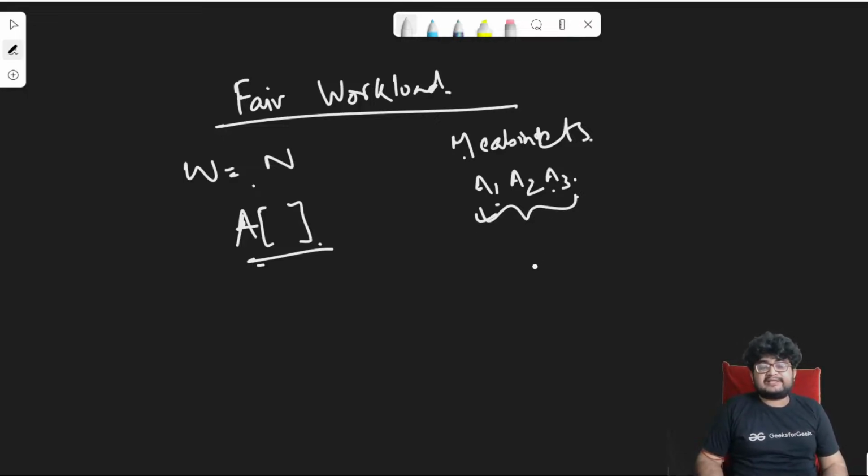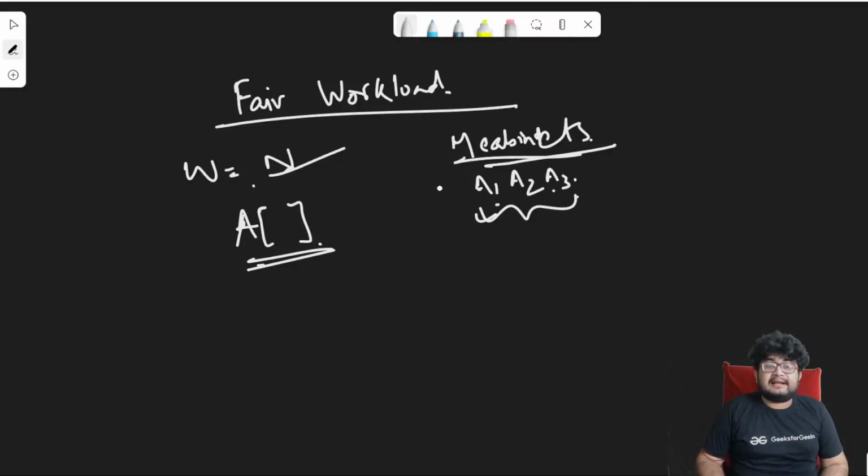So this is the question. We are given n workers, m cabinets, and an array A. This array contains the number of files in each cabinet, so its size will be m.